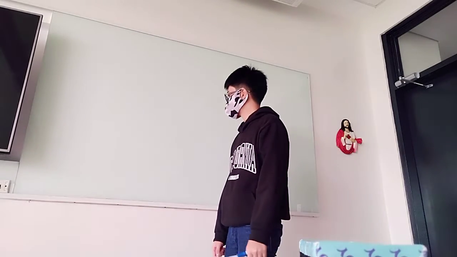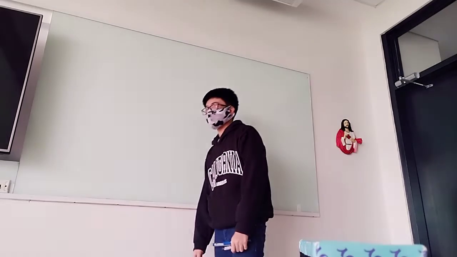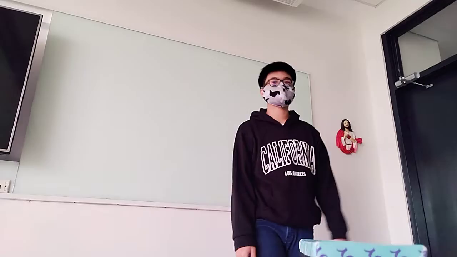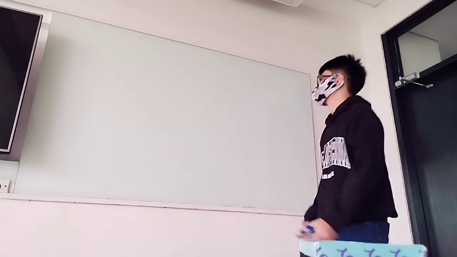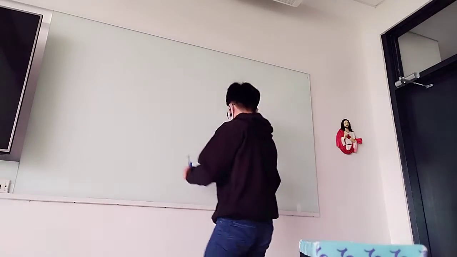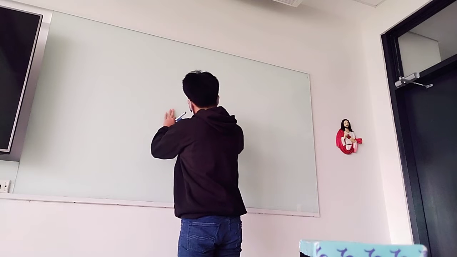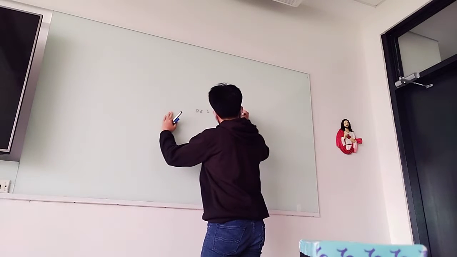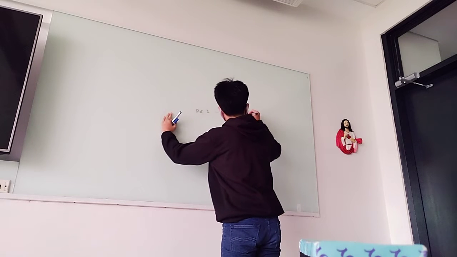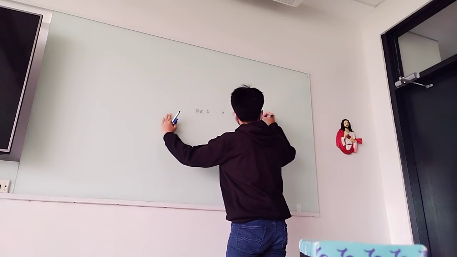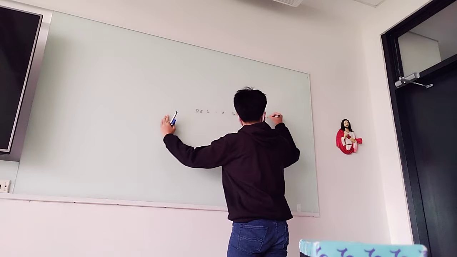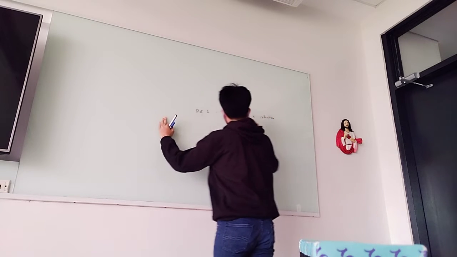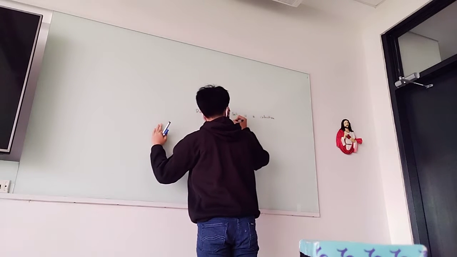I suppose we can start discussing things. So, sets. What are they? What is a set? Let's make the first definition here. Definition 1: a set is a collection of objects.